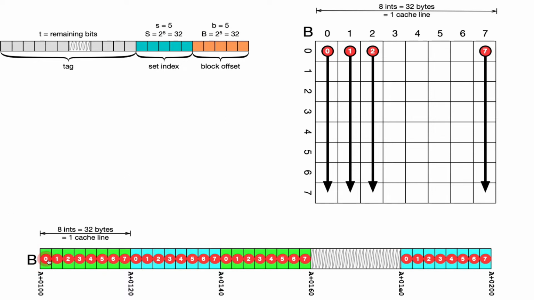So we'd see miss, miss, miss, and so forth, miss. But then for the rest, we'd see hit, hit, hit, and so forth through the rest of array B. That would be ideal, but we're going to see that we have conflicts between the reads from A and the writes to B.